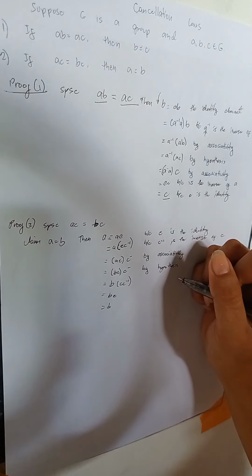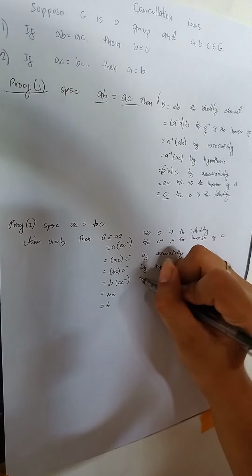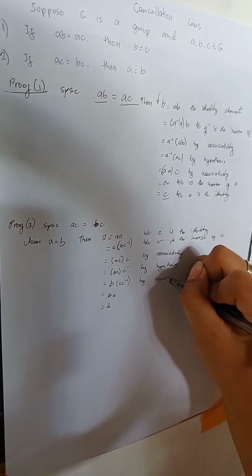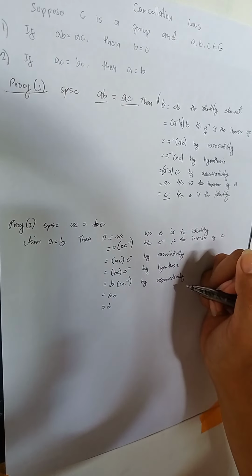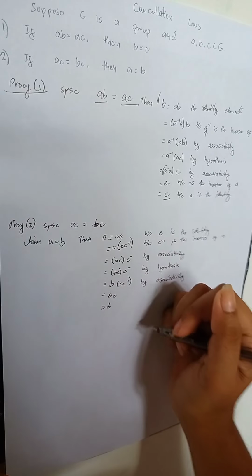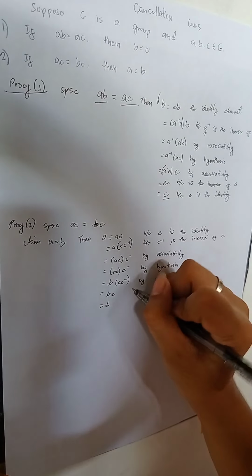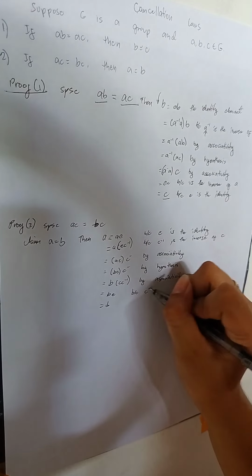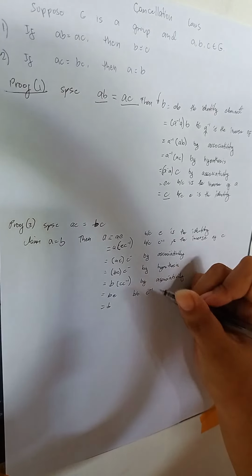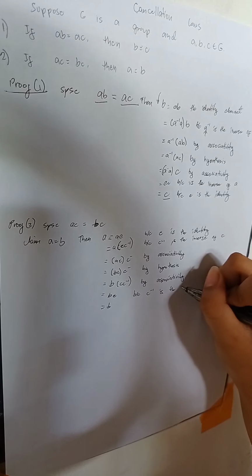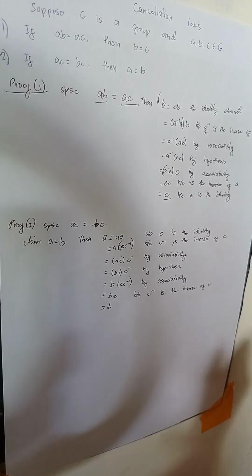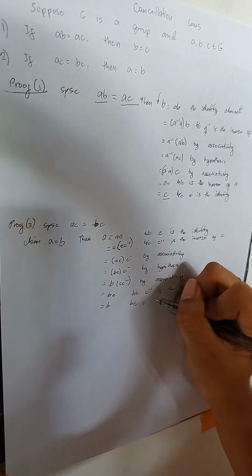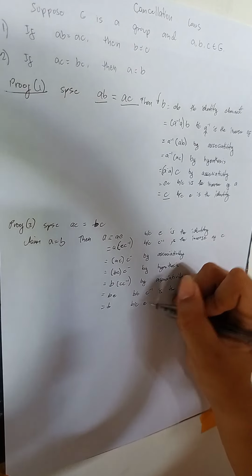The next was by associativity. And this one here is because C inverse is the inverse of C. And the last one, because E is the identity.